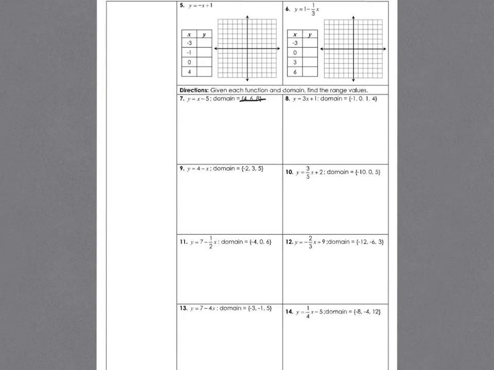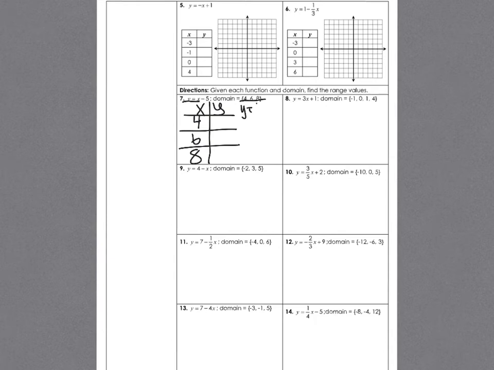So, what it says, given each function and domain, find the range values. So, what it wants us to do is to complete this table. So, we're going to use 4, 6, and 8.